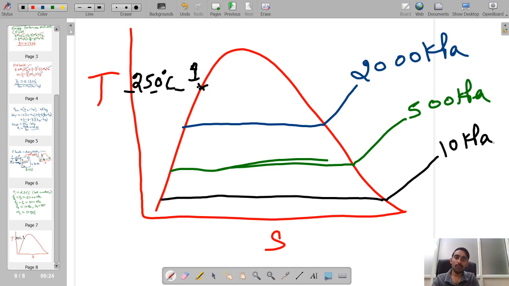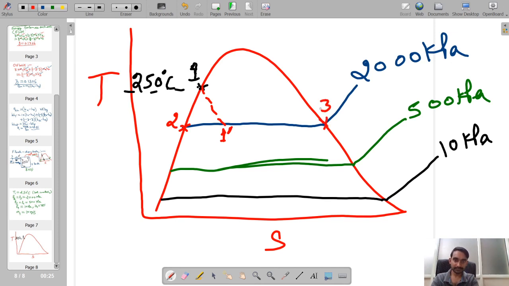Now, the first process inside the first flash chamber is an expansion or throttling device, in which we have a reversible process. Say we reach point number 1 dash, and after this we take out saturated liquid at point number 2 and vapor at point number 3.